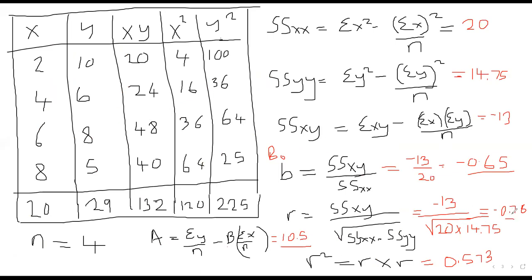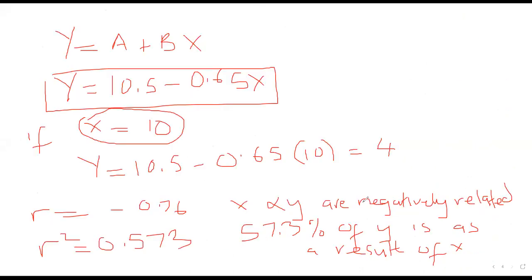So whenever your slope is negative, it also follows that your r will be negative. So here we get negative 0.76. Our interpretation is simply that x and y are negatively or inversely related. Then squaring this answer gives you 0.573, which means 57.3% of the variation in y is as a result of the variation in x.